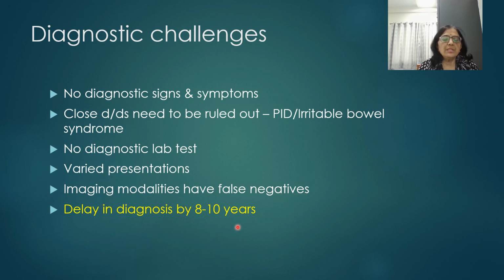And overall it is seen that even in the hands of good gynecologists and centers, the delay in diagnosis from onset of the disease to the diagnosis is considered to be as long as 8 to 10 years. That means the patient remains undiagnosed and untreated for these many years, even if she has endometriosis.